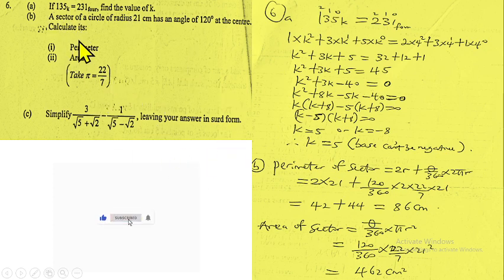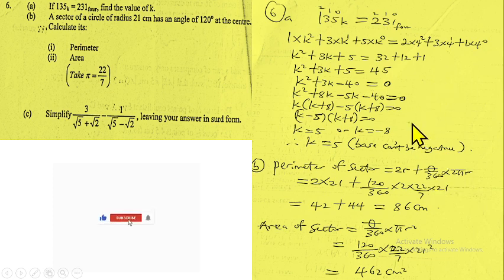Question number 6b is from plane mensuration, and we are told that a sector of a circle of radius 21 has an angle of 120 degrees at the center. Calculate its perimeter and its area, given that pi is 22/7. So the perimeter of a sector is 2r plus the length of an arc, because what forms a sector?